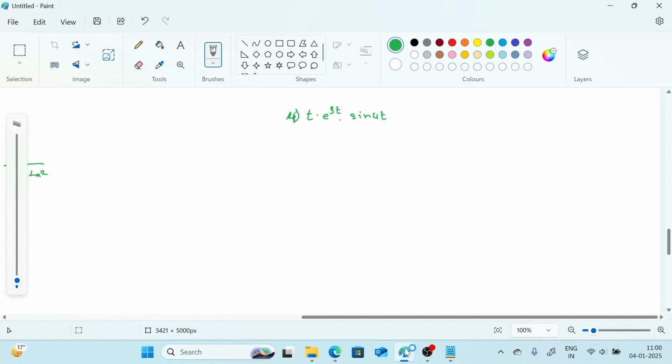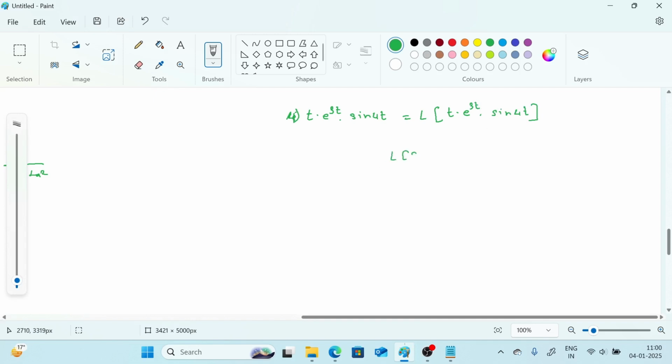What I have to do is find the Laplace transform of t into e raised to 3t into sine 4t, right? So Laplace of t e raised to 3t sine 4t. What do we have?